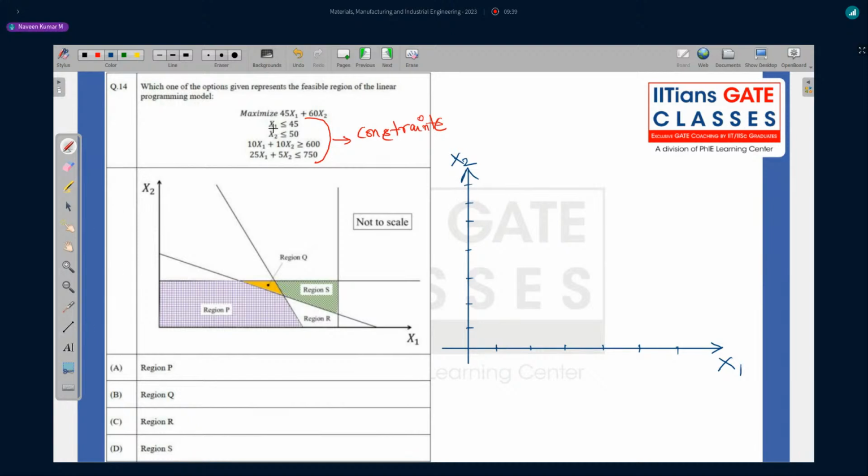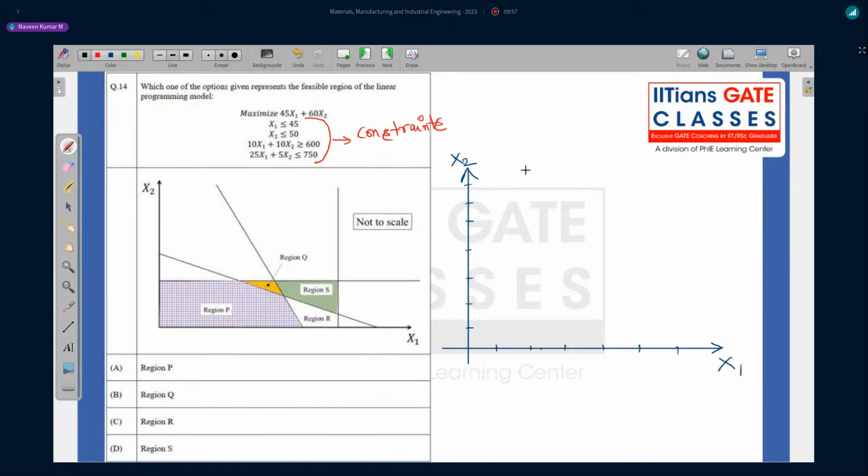See, the first one is x1 less than 45. What is 45 here? So let me take some curve here. So x1 is 45. So it should not cross 40. So this is 20, 40, and this is 60. So I'll draw some line here as 45.